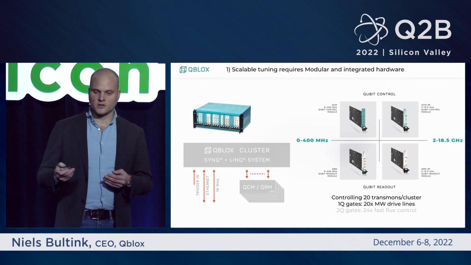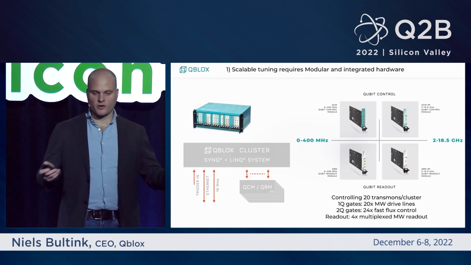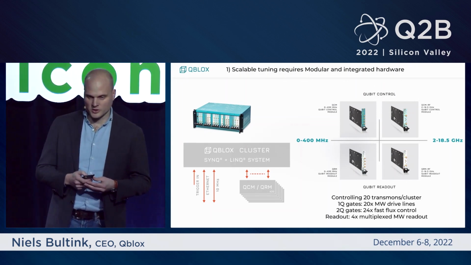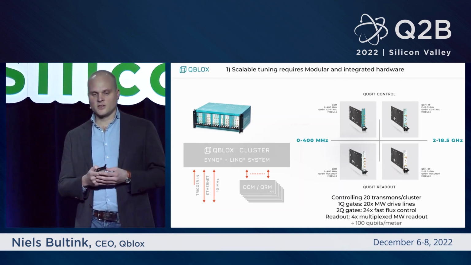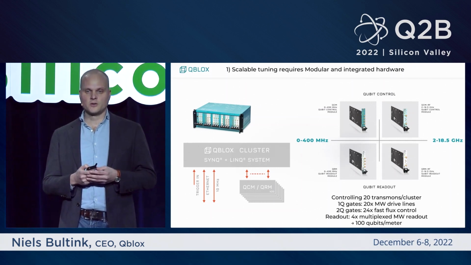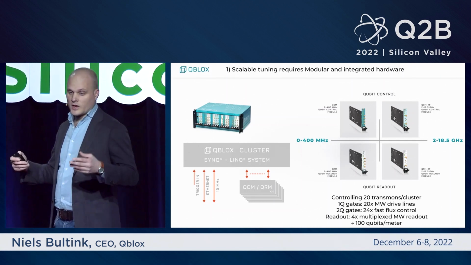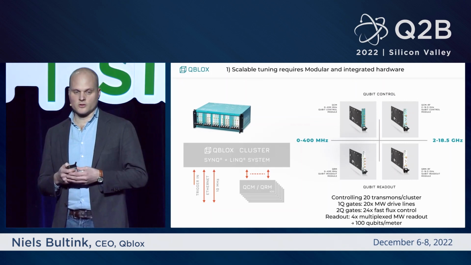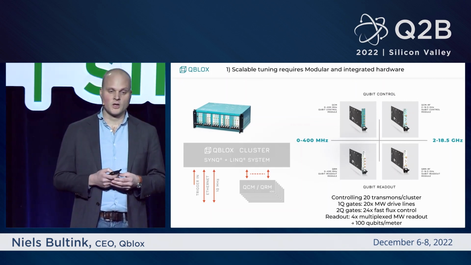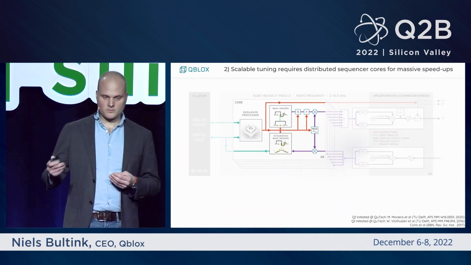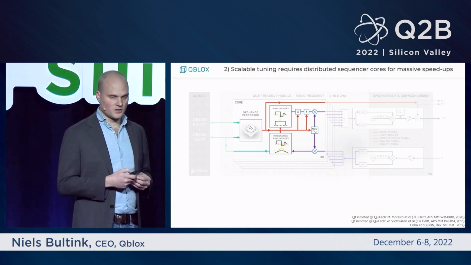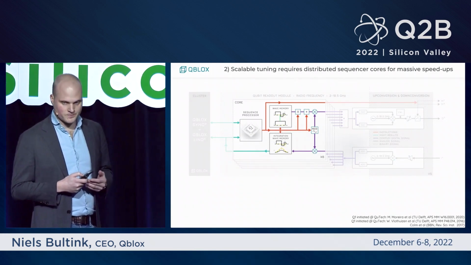So in this case, an example of what can all fit in there with these 20 transmons. We're roughly at a density of 100 qubits per meter. So already today this allows for building stacks with hundreds of qubits without much overhead in space and overhead in complexity, as everything is embedded in the same system.